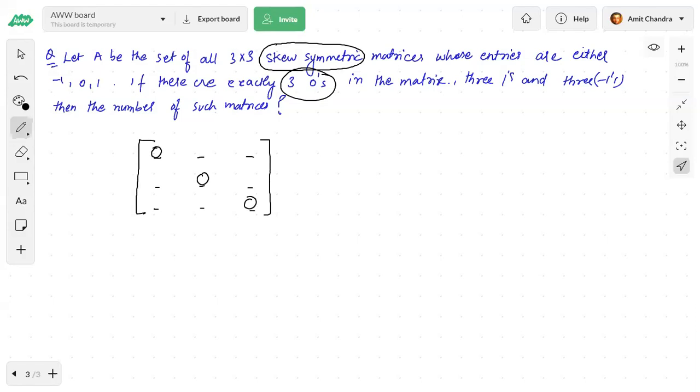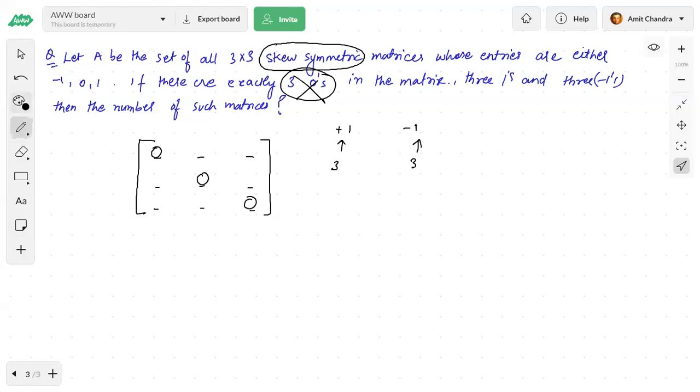The work of these zeros is done. Now what we have left with is +1 and -1. We have got 3 +1s and 3 -1s.